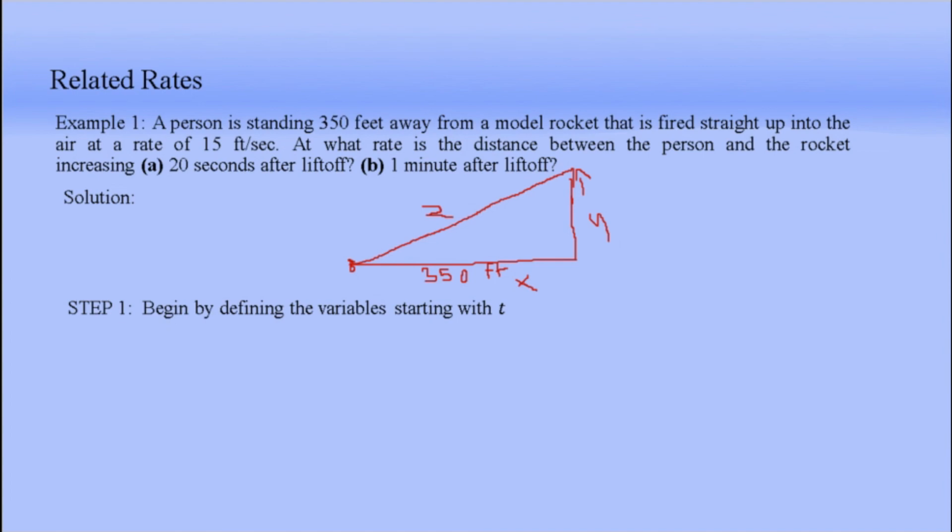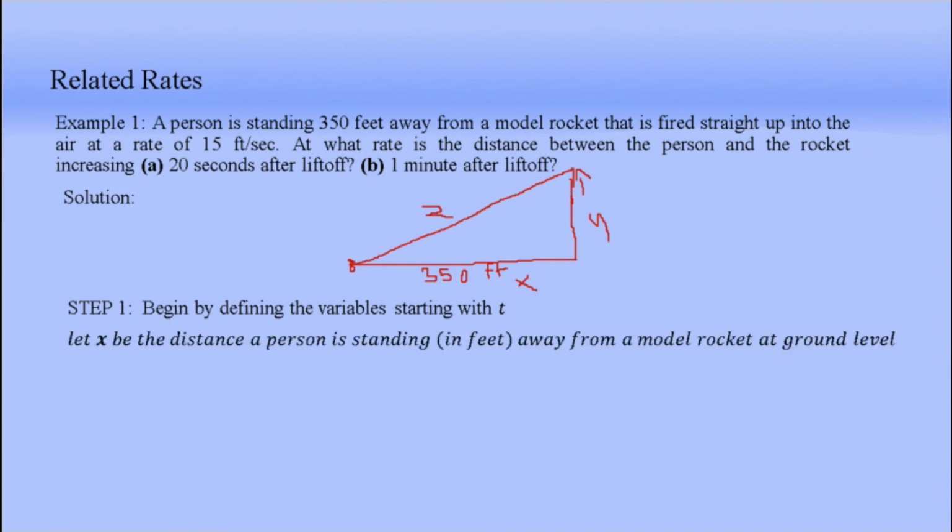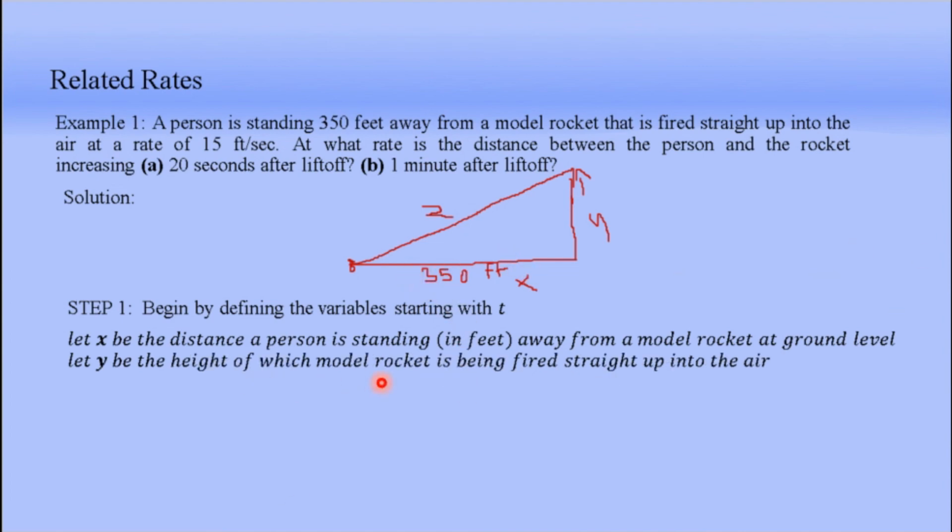So then step 1 is to begin by defining the variables. So let x be the distance a person is standing in feet away from a water rocket at ground level. So this is x. And let y be the height to which the model rocket is being fired up into the air, so this is y, the height.